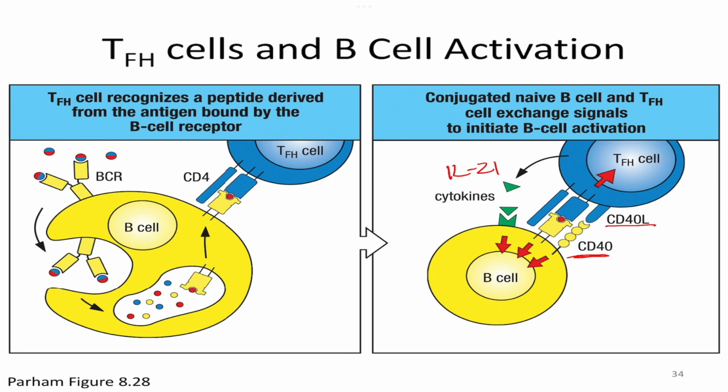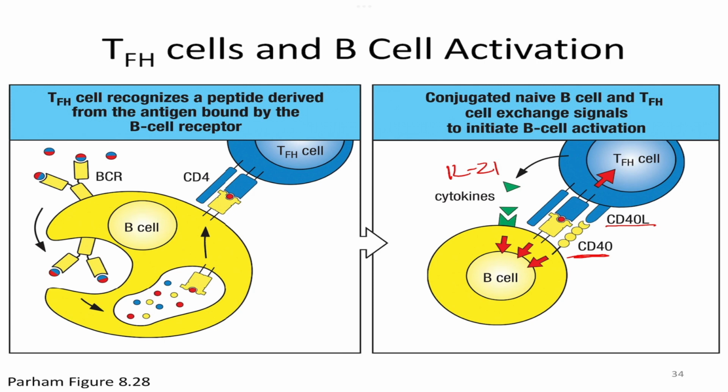One other thing to note about this is that the T cell in this case is a T follicular helper cell. The T cell in this case is not a naive T cell or a Th0 cell. In order for a cell to be a T follicular helper cell, that cell must have previously seen antigen to have been activated. And so in order for our B cell to be properly activated, our T cell also has to be properly activated first.